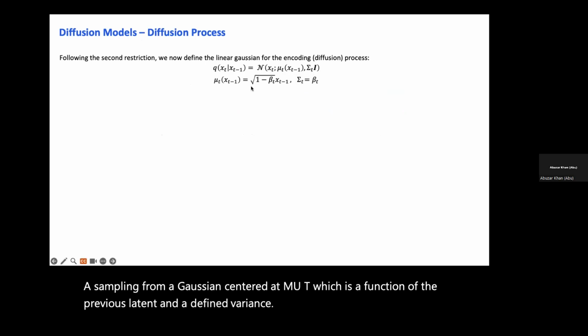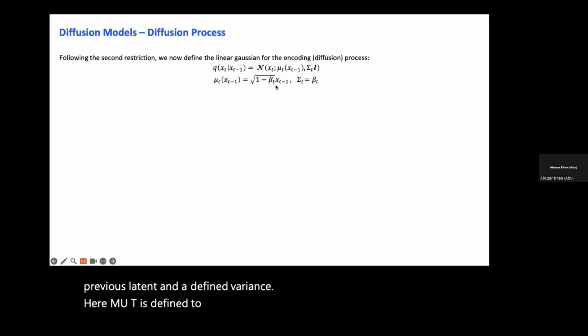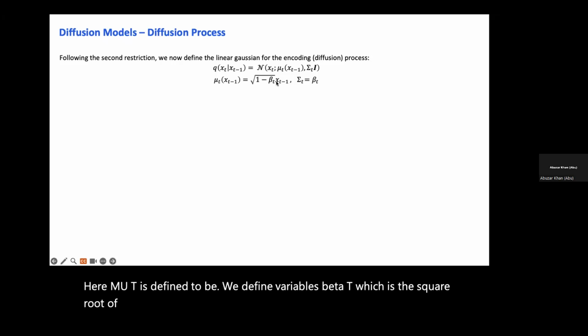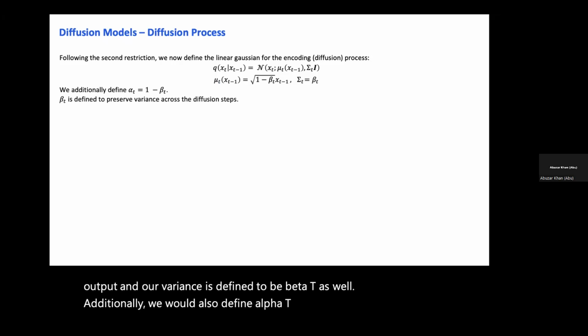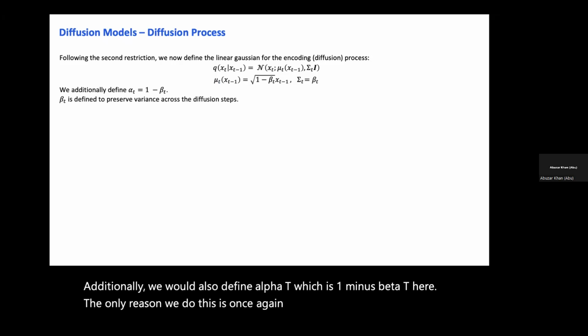Here, mu t is defined using variables beta t as the square root of 1 minus beta t times xt minus 1. This is the term that is scaling the previous output, and our variance is defined to be beta t as well. Additionally, we would also define alpha t, which is 1 minus beta t. The only reason we do this is, once again, for notational ease.